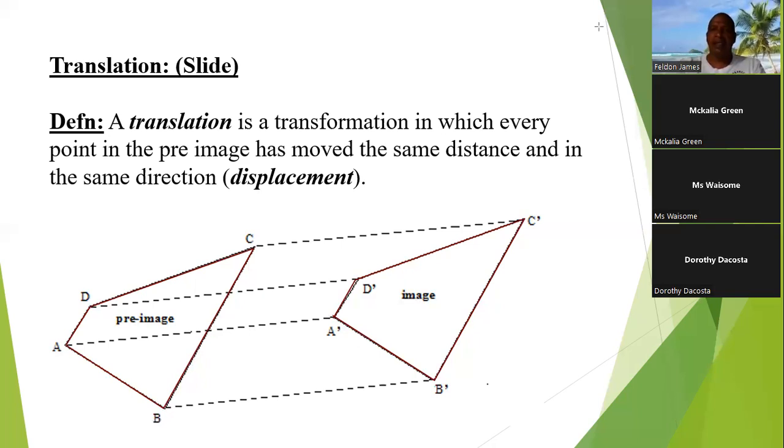Now in math, we have to be able to work out that calculation in the form of a relation. Remember, we did functions and relation. So when we are working out this transformation, we have to use some kind of mathematical relation in order to get our transformation. All right, guys? And so that's what we'll be looking at shortly.